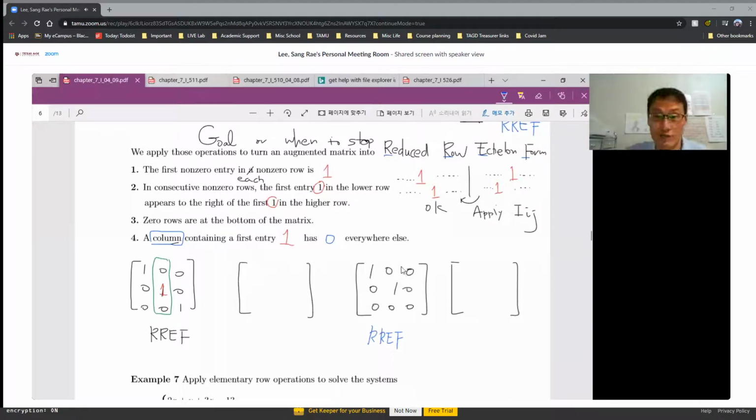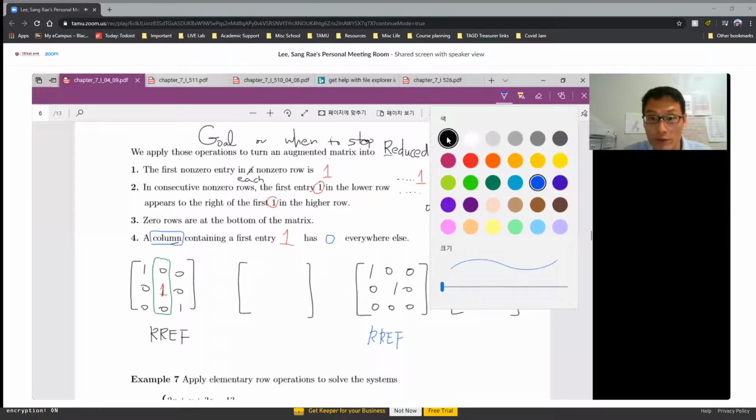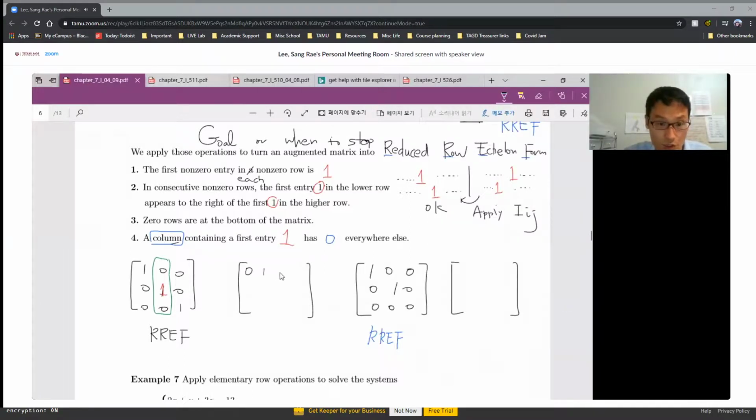This is RREF. What if you have a matrix like this, 0, 1, 0, 1, 0, 0, 0, 0, 0. This is not RREF because of number 2: this bloody 1 in row 2 shows up to the left of this bloody 1 in row 1.